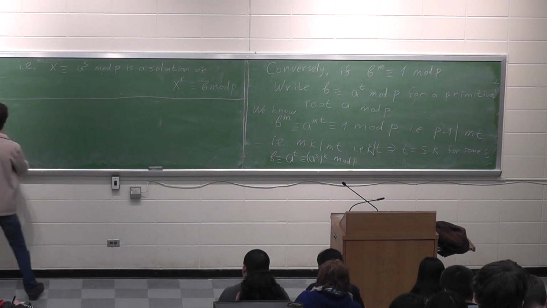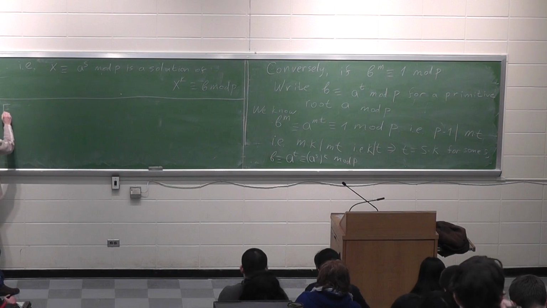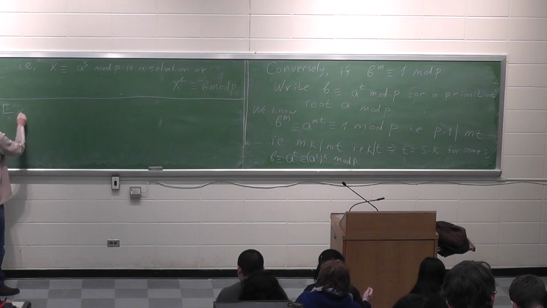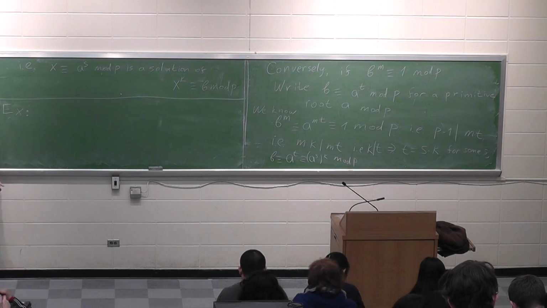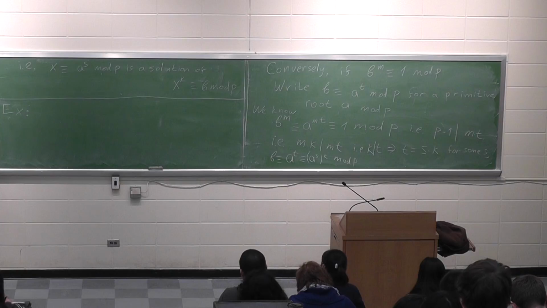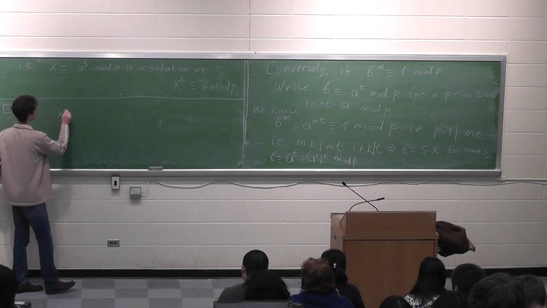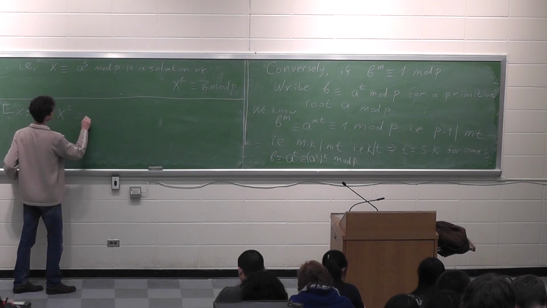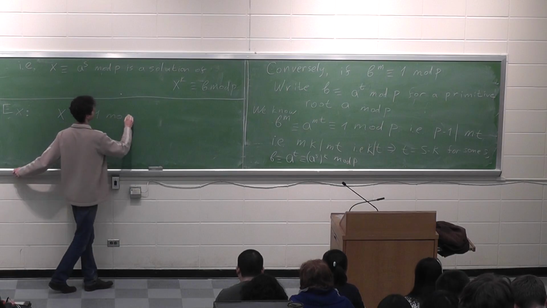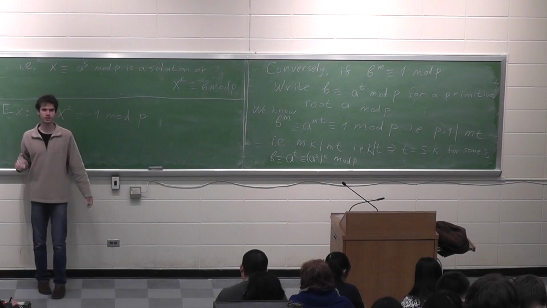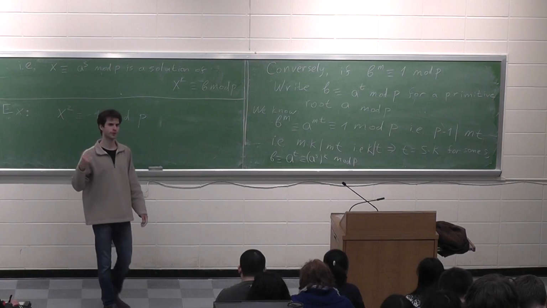Let's do an example. So kind of sub-example. Suppose you want to solve such a problem. x squared is congruent to -1 modulo p. You want to understand when can you extract the square root of -1.